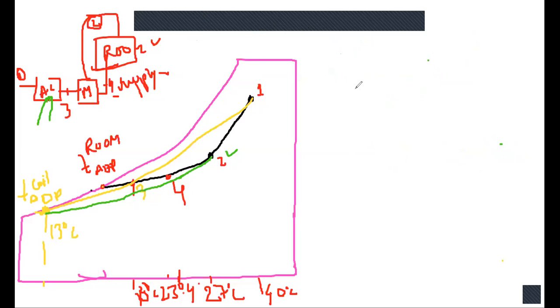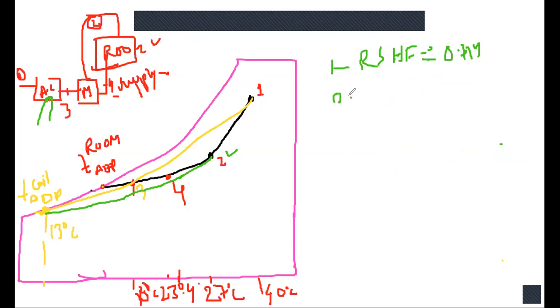Now we will calculate the remaining points. Point 1 is done. Room sensible heat factor line is done, that is 0.714.